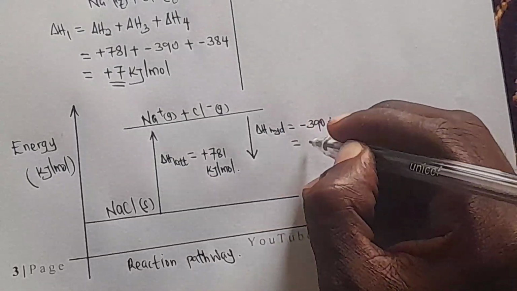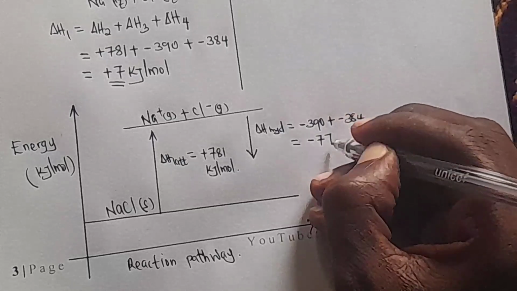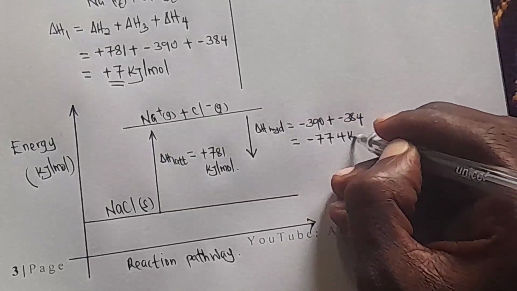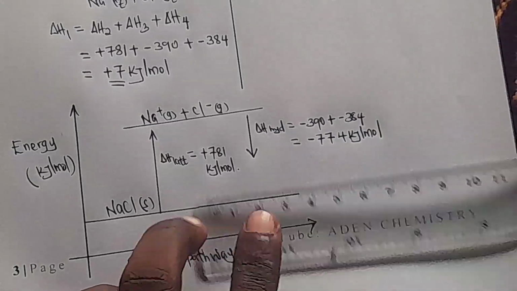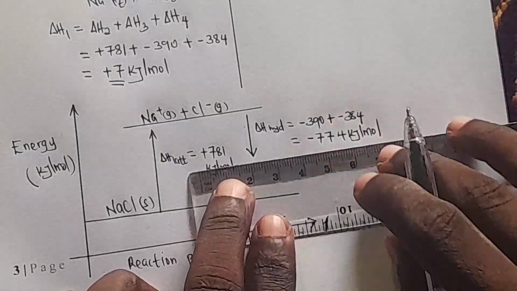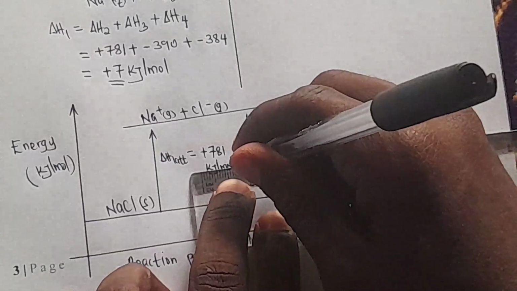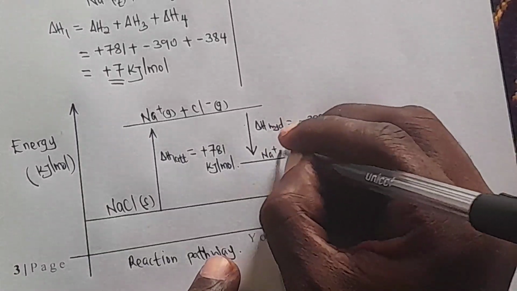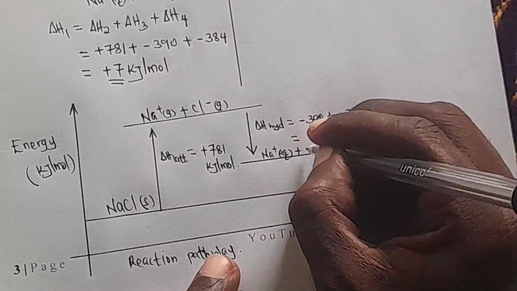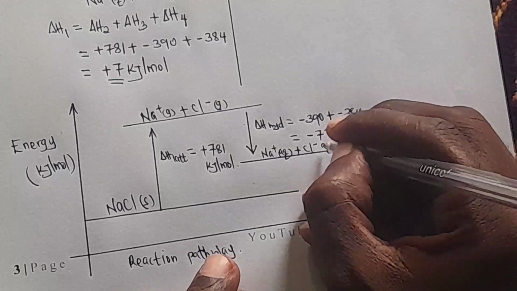If we add these, we get negative 774 kilojoules per mole. Okay, we are going to have our ions here, sodium ions aqueous and chloride ions aqueous.